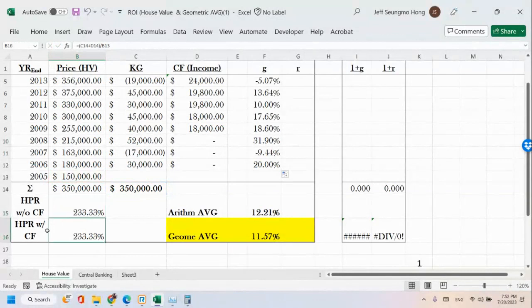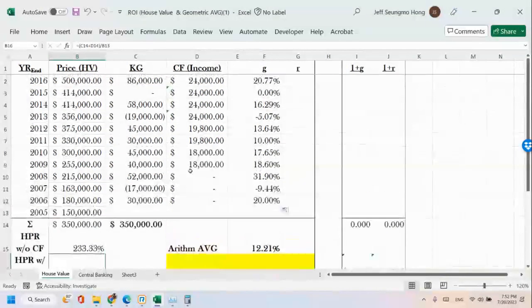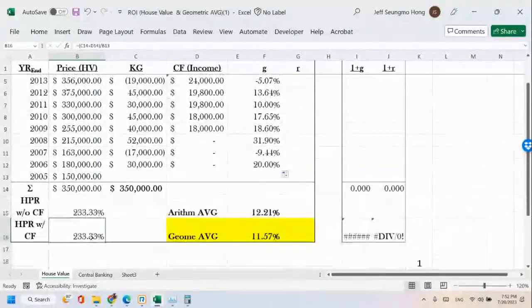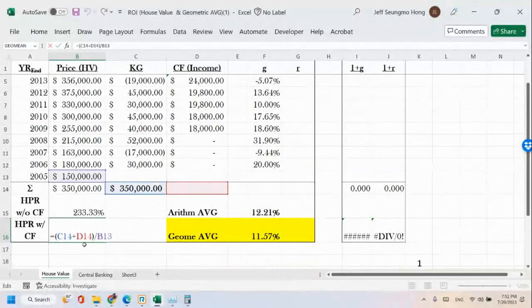And then the holding period return with the cash flow. Scenario 2, if you're renting it out, it's not complete yet. Think about it, you know what to do. Capital gains plus the sum of all the cash flows, right, over the initial investment. Now I don't have any number here, that's why it comes out the same as this.